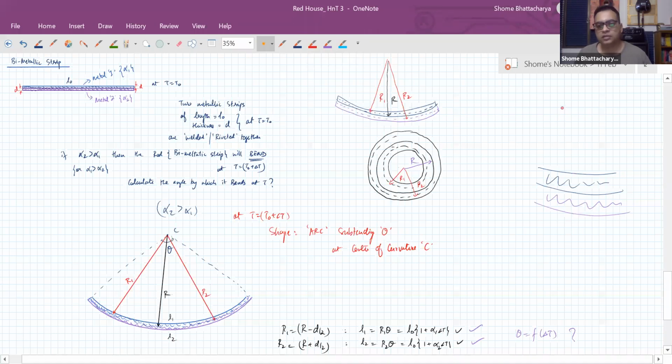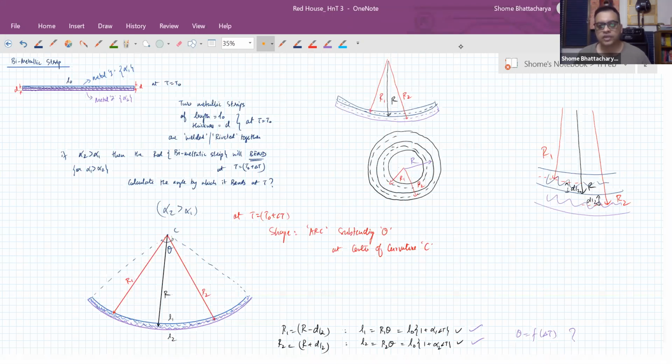So R1 is the one coming up to here, and R2 is the one coming up to here. And R was the one which is coming up to here because it's at the mean position. So this is d by 2 now, and this is d by 2. So that's why.